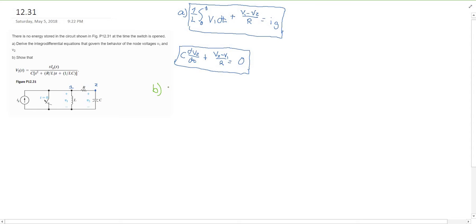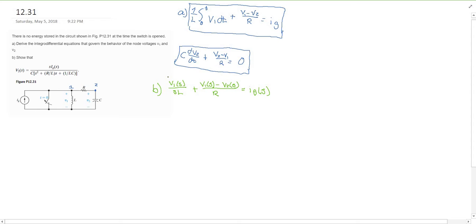We can start with the first equation: V1(s) divided by sL, plus the same thing, V1(s) minus V2(s) divided by R, is equal to IG(s).